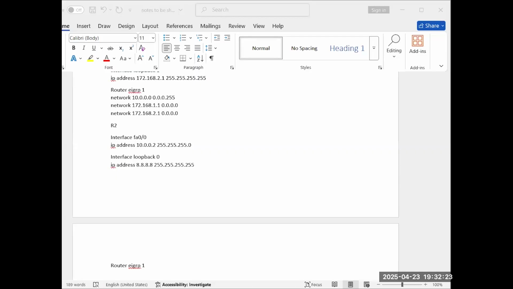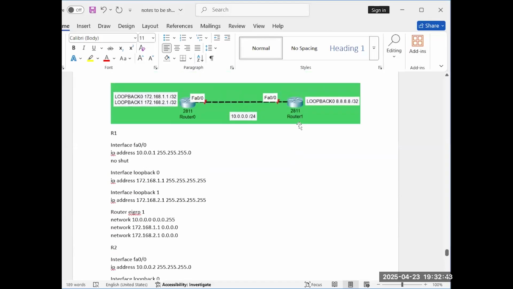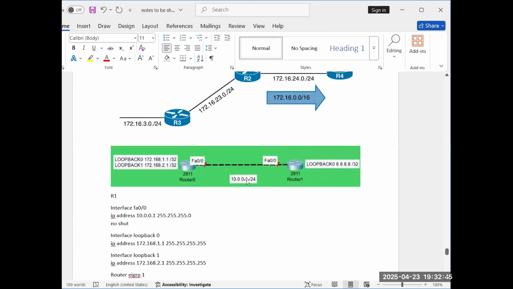In order to form neighborship between the routers, the AS number should be the same. Authentication, key value, subnet and all should be the same. So the first thing is the AS number should be the same. So EIGRP 1. What networks does this R2 have? This network and this network are the directly connected networks.